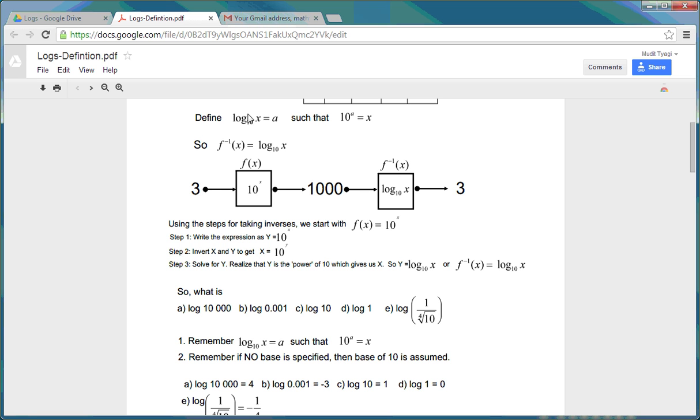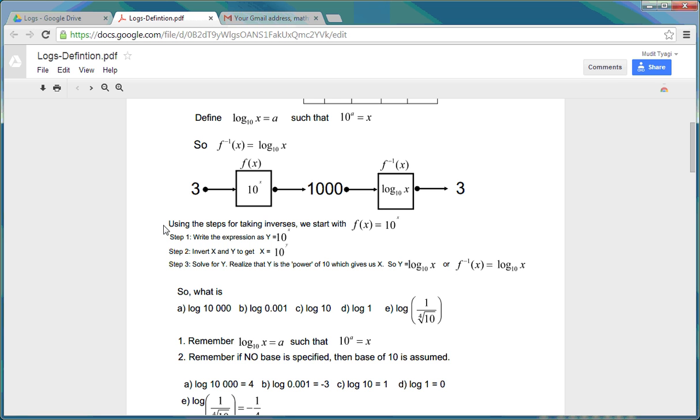Now, by definition, this exponent a is equal to the log of x to the base 10. So, if we just apply the definition of logs, we will see that y is equal to log of x to the base 10. Another way to think about it is y is the power by which we must raise 10 in order to get x. Just like here, a is the power by which we must raise 10 in order to get x.